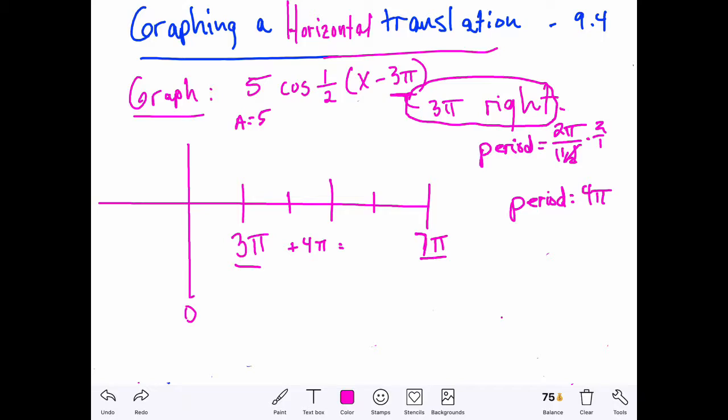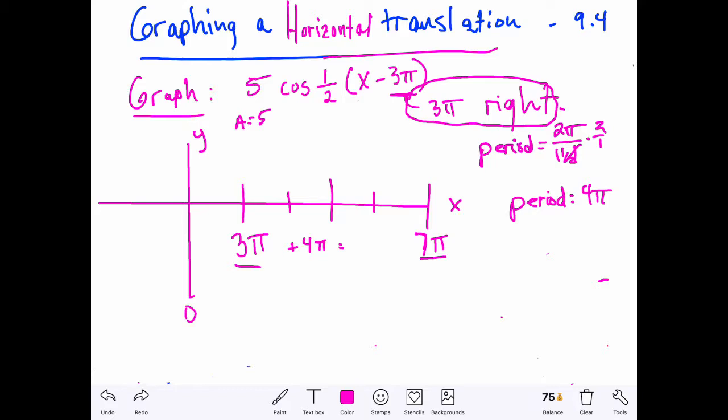So let's review. I started with that horizontal translation, 3 pi to the right. And I marked it there on my midline. And again, my midline is just my x-axis if I haven't shifted it vertically like we looked at in the last video. And remember, if we had both a vertical and a horizontal translation, of course I want to do that vertical shift first and draw that midline.